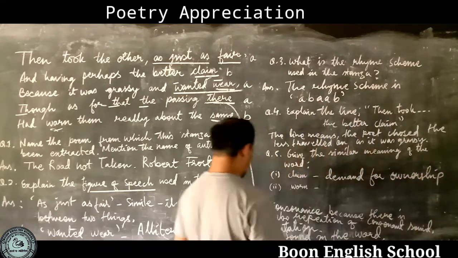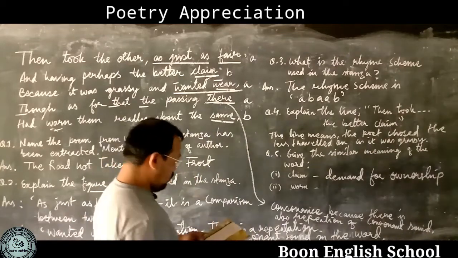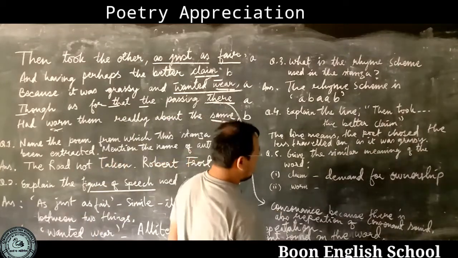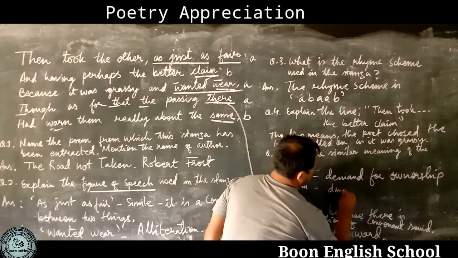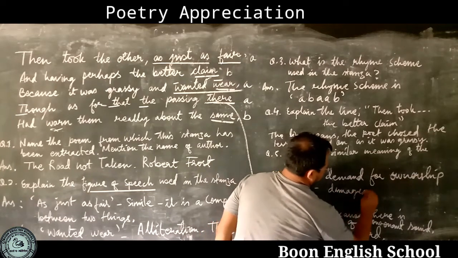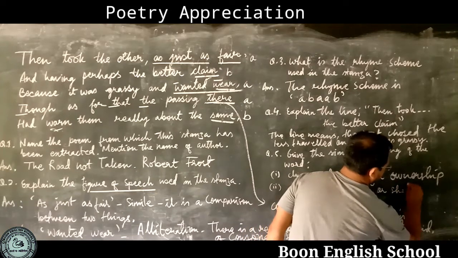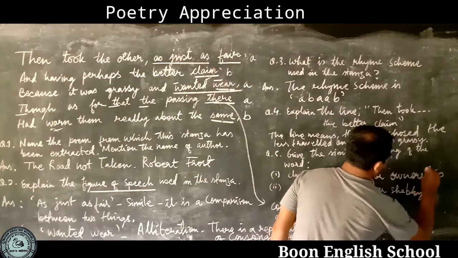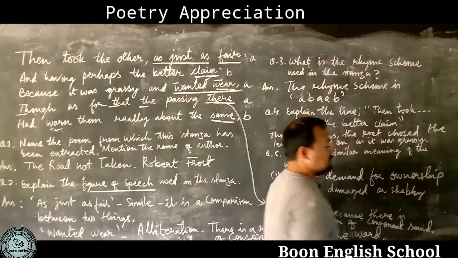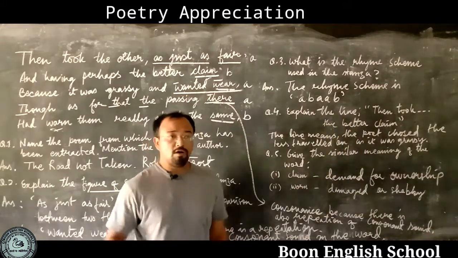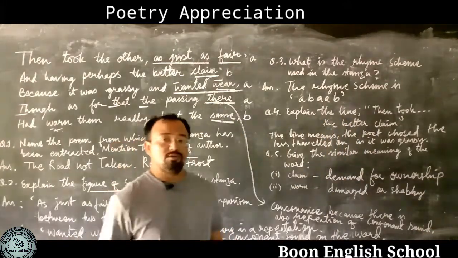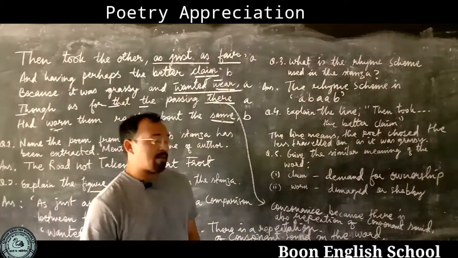Next, you have worn. Worn means damaged or shabby. Damaged or shabby means that people have walked in this place, that is why the grass has been worn out. That is why worn means damaged or shabby.